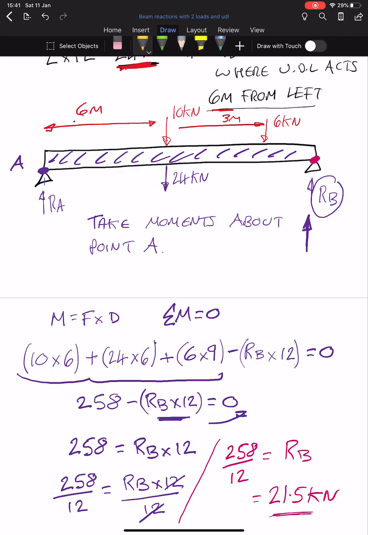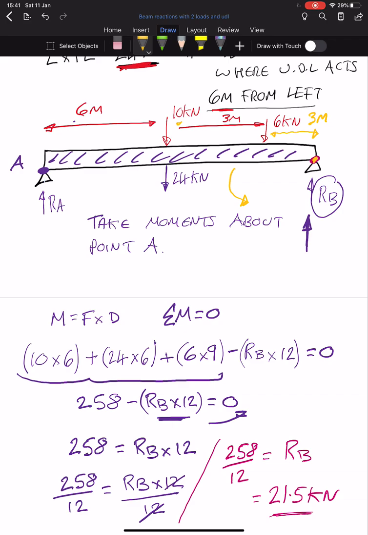So 6 times by that distance, there was 3 meters in there. So my moments are going to be the 6 times by the 3, because it's 3 meters from there. I've got 10 times by 6, because it's 6 meters from there. And the 24 is also going to be 24 times by 6. They're all going to be anti-clockwise, because it's trying to push this beam anti-clockwise.